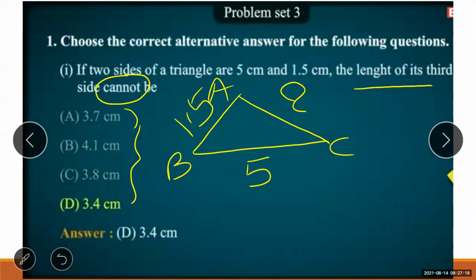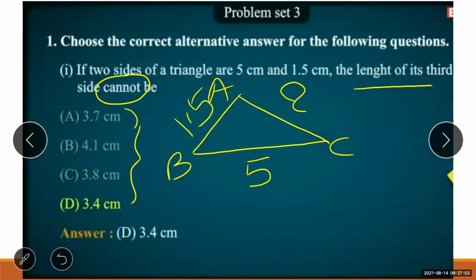As we know, we learned the property that the sum of any two sides of a triangle, listen to me carefully, is greater than the third side.